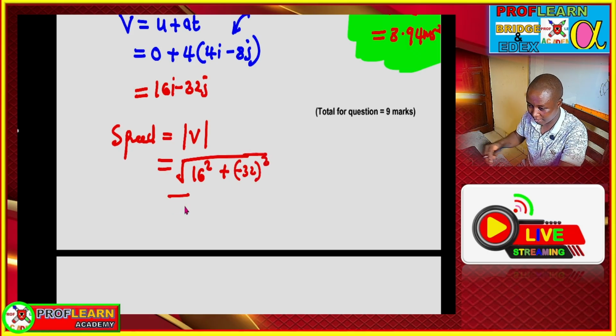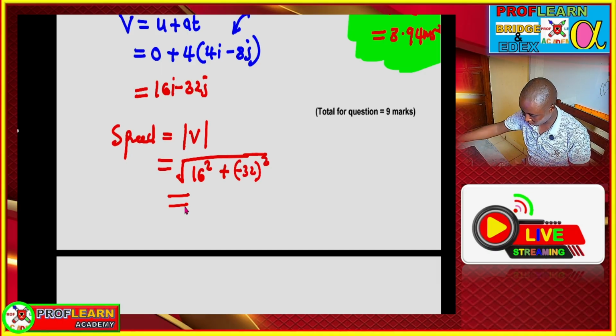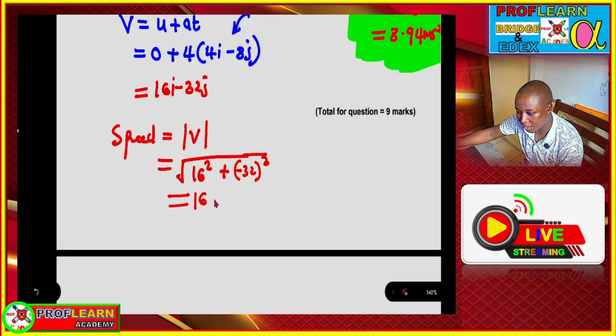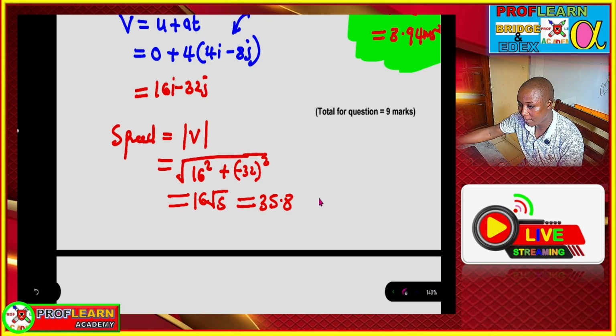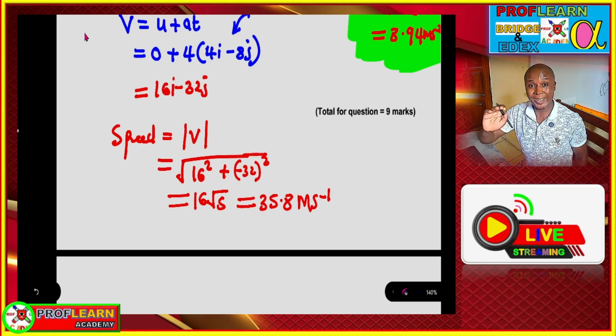And what does that give us if we work it out? We find the square root of that, which is going to be 16 root 5, or which can be given as 35.8 meters per second.